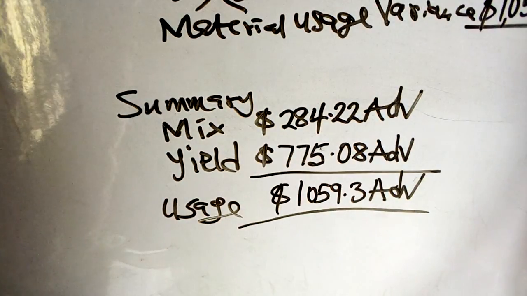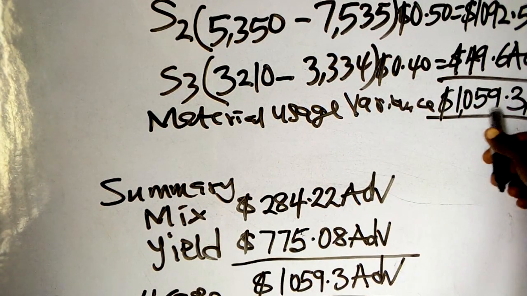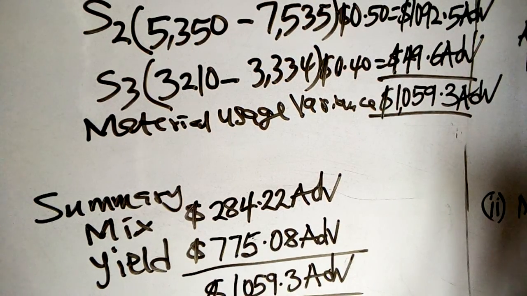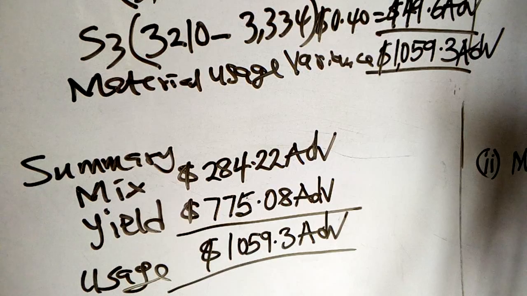If you confirm our material usage variance, we got 1,059.3 adverse, which agrees with what was obtained by summing up our mix and the yield variance. Be expecting the part 3 where ACCA past examination questions shall be solved.